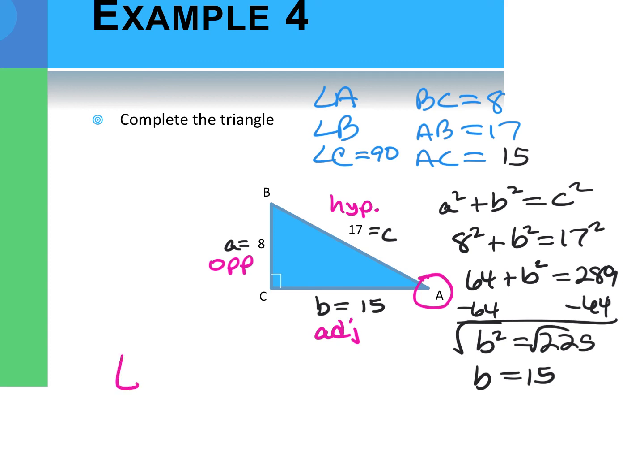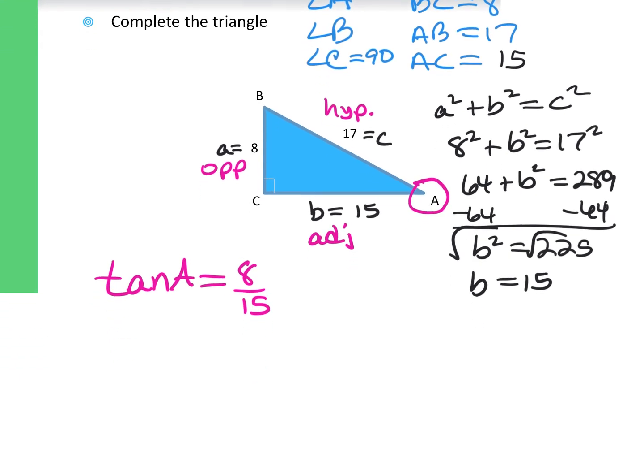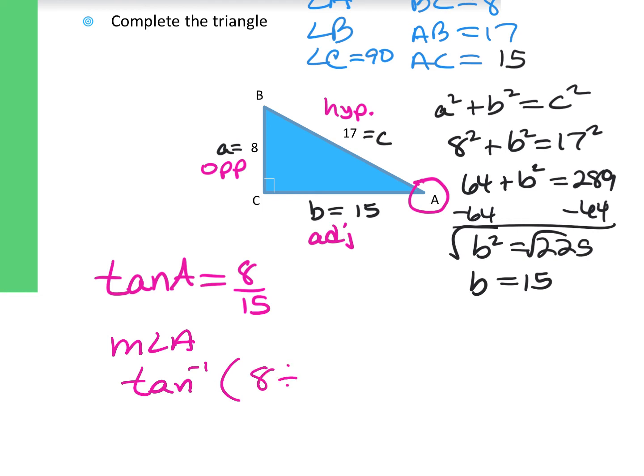So I'm going to be doing tangent of A. This is what I'm using, and I'm doing opposite over adjacent. So now to find the measure of angle A, I'm using the inverse, and I'm doing 8 divided by 15, or enter it as a fraction if your calculator lets you. Once I hit enter, rounded to the tenth place, 28.1 degrees.